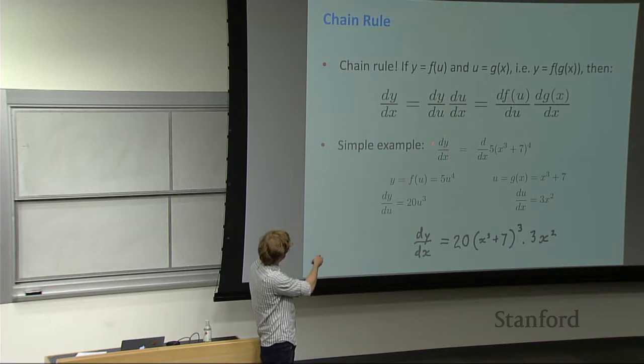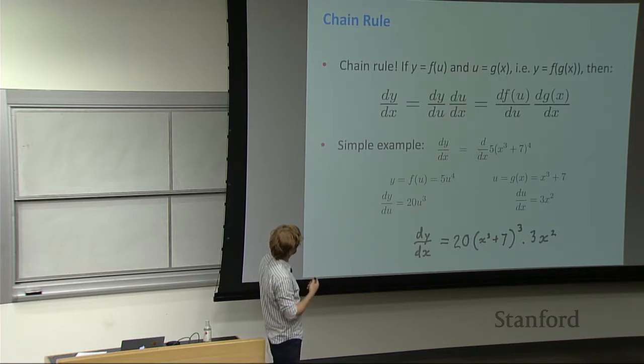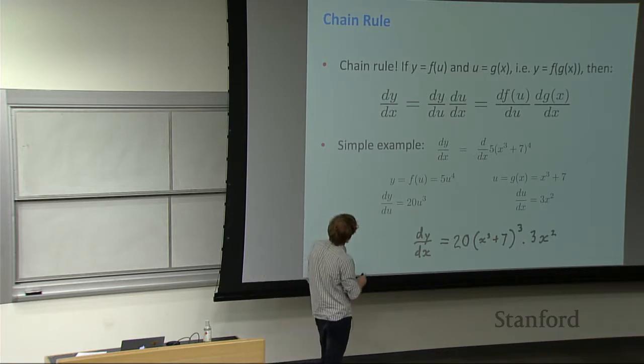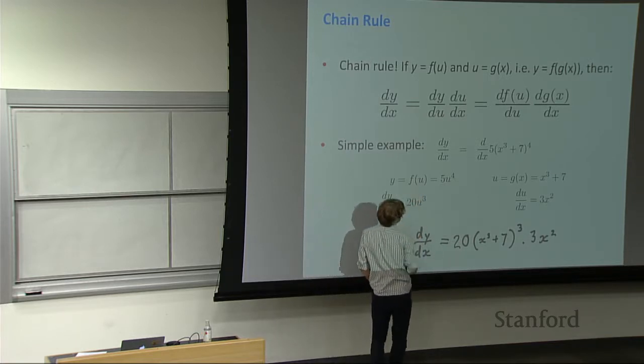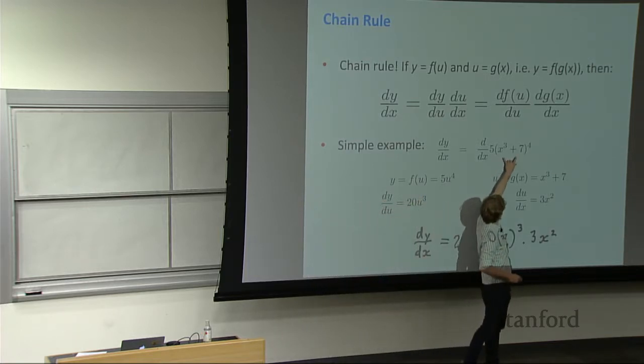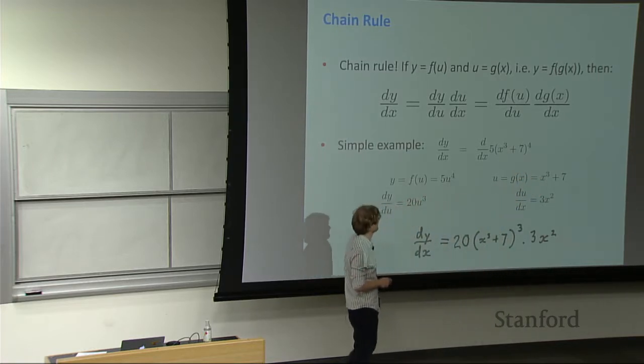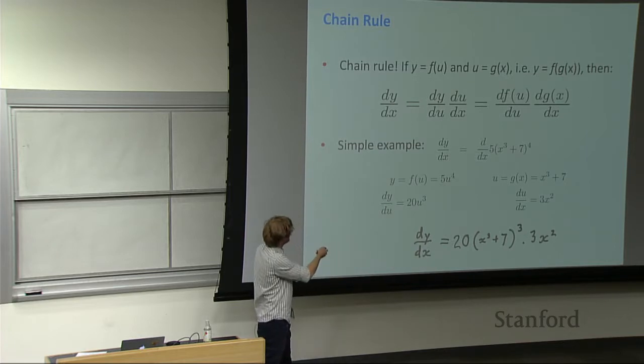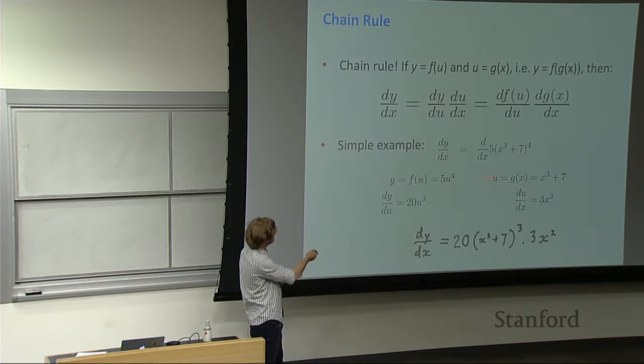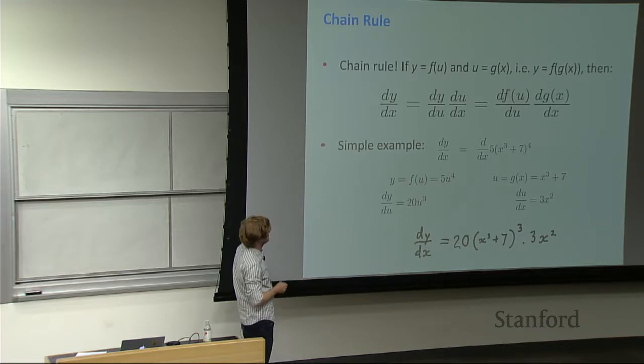So let's say y is this function, and now we want to take the derivative with respect to x of this function. What can we do to use the chain rule? Well, we can define u as g of x to be that center part. So u equals g of x, and that's just what is inside the parentheses. With this definition of u, f of u becomes 5 times u to the power of 4.